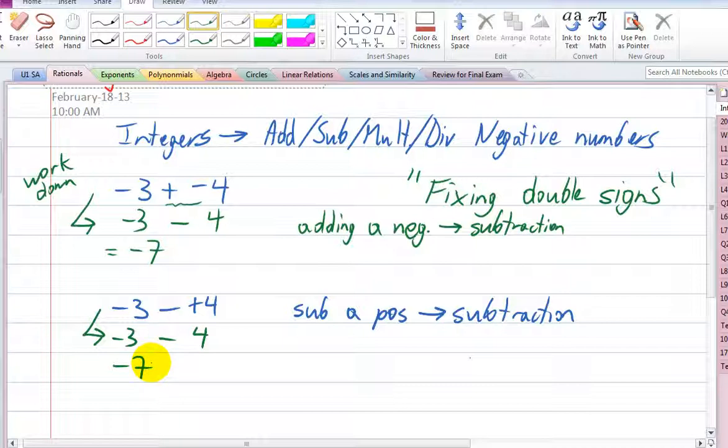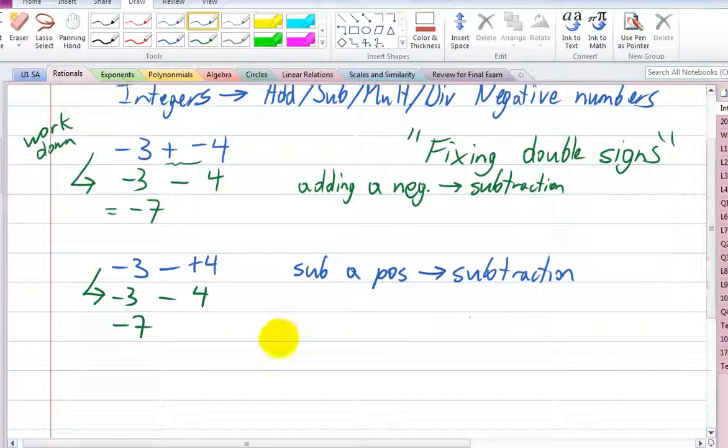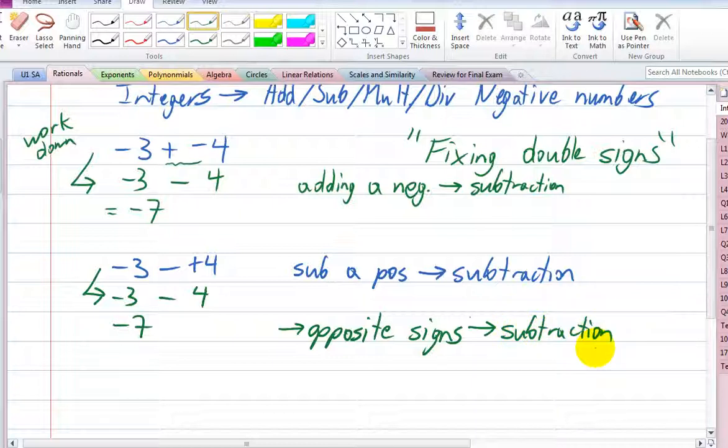Okay. So what we just kind of did is when you have opposite signs, doesn't matter the order, you're always going to get a subtraction.